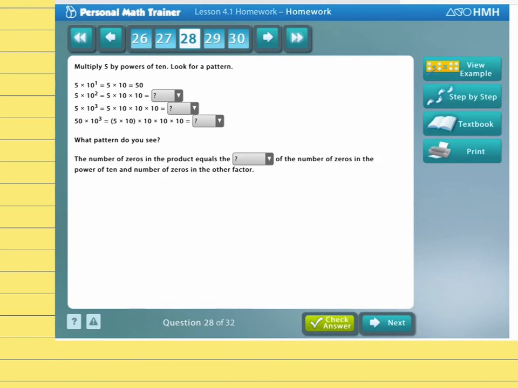All right, we've done this, but let's look for the pattern. You have 1 zero, 1 zero. 2 zeros, 2 zeros, so this would be 500. 3 zeros, 3 zeros, so 5,000. And this one, you have a 0 here and 3 zeros here, so you'd have 4 zeros, 50,000.